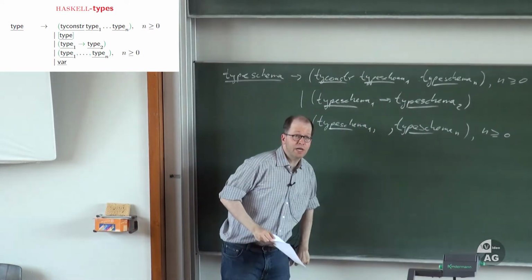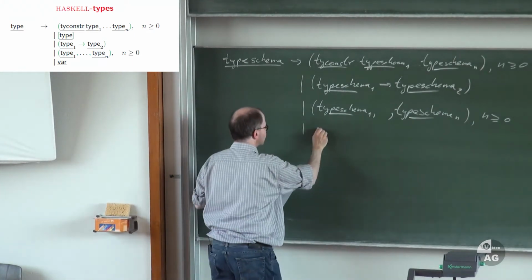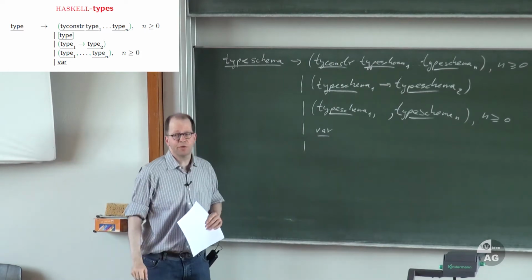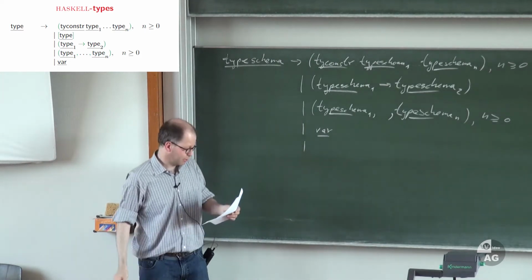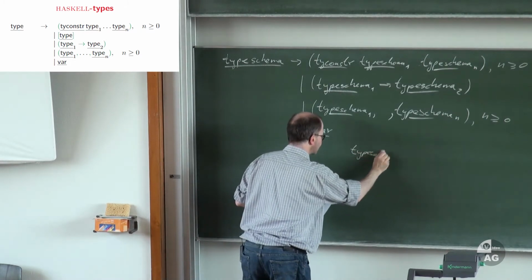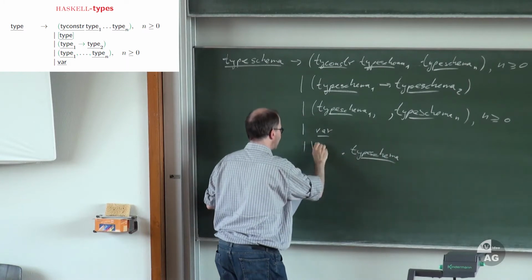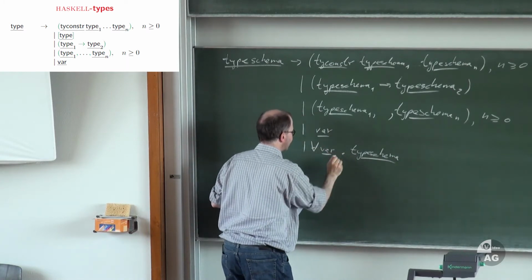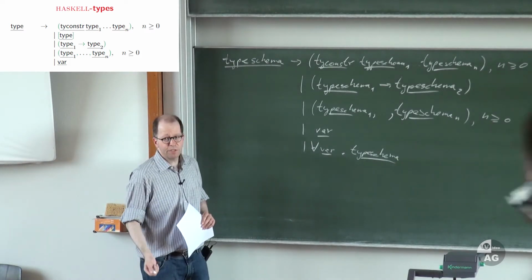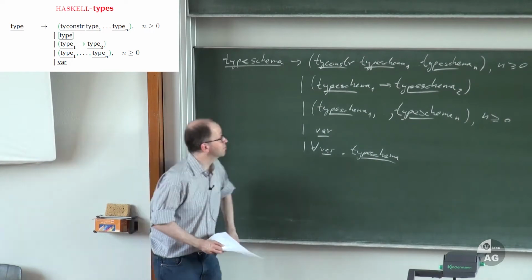Then for types we also have the possibility to use a variable. So that's also possible. And there is one extra case, namely you can always quantify variables. So whenever you have a type schema, you can add for all and then some type variable in front of it, and that's again a type schema. So that's the only difference; apart from that, type schema and type are the same.